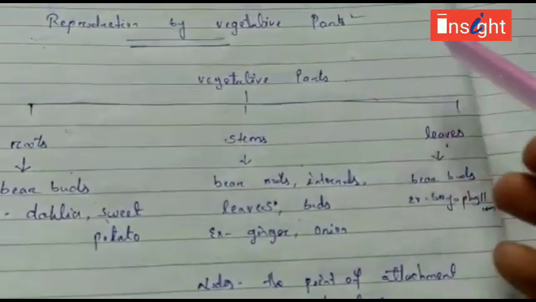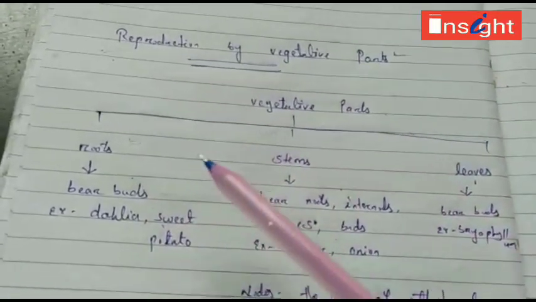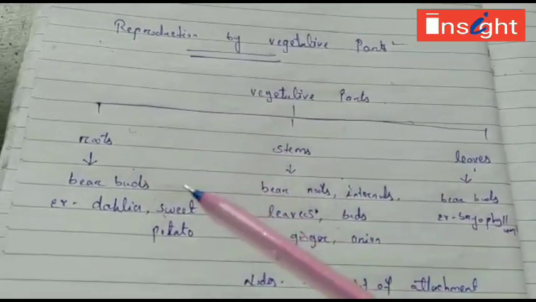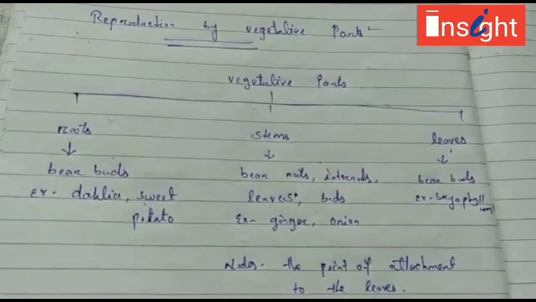So this is all about vegetative parts, which include roots, stems and leaves. In some plants the roots bear buds, and when planted in the soil we get a new plant.